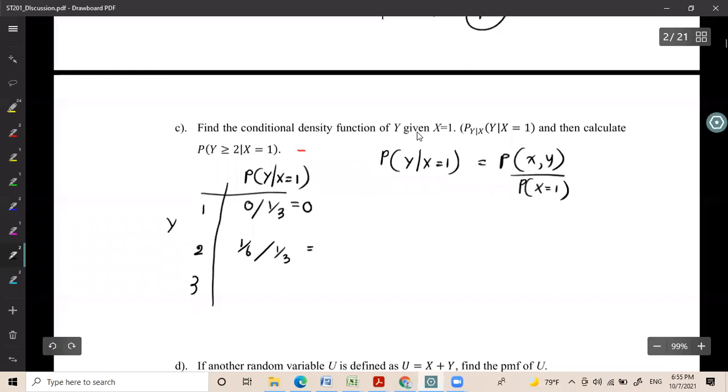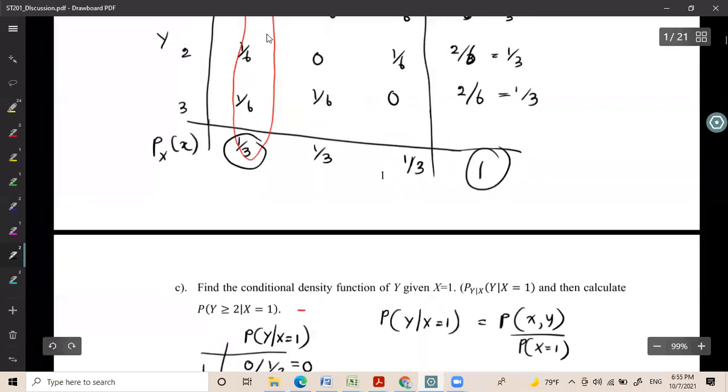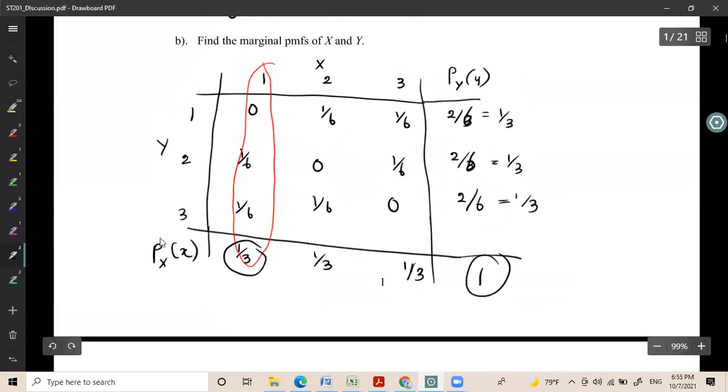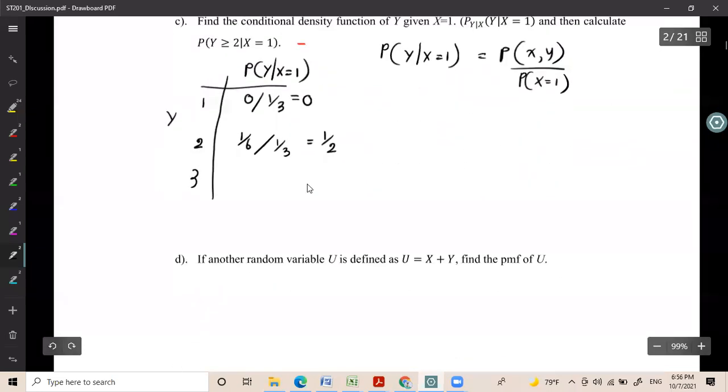Right? So that will be 1/2. Similarly, when y equals 3, x equals 1, the joint density is 1/6. 1/6 divided by the given probability, which is 1/3, again 1/2. So you have the conditional density of y given x equals 1. Okay. And again, when you add these probabilities, they add up to 1. So this is a correct PMF.